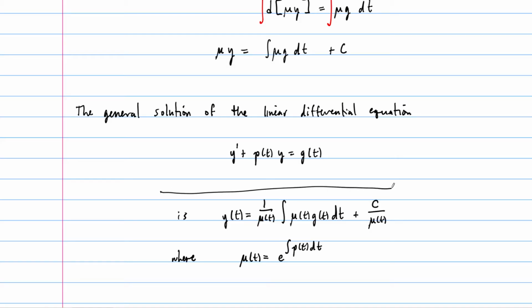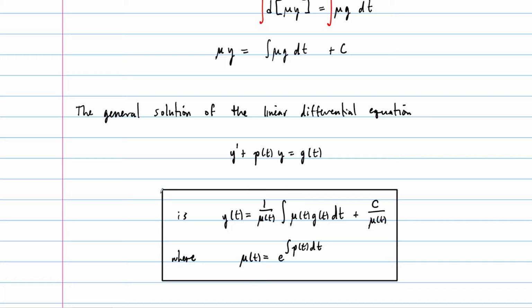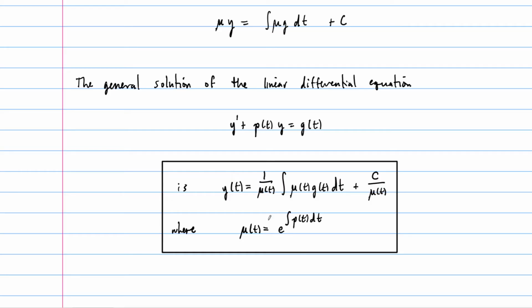From here, all we have to do is use this information to first identify that our equation is linear and in this form, then find the integrating factor, this mu, and then use the integrating factor to plug into the general solution. So we don't have to go through the entire setup that I've just gone through. We can jump straight to this step, as long as we can identify that our equation is linear.